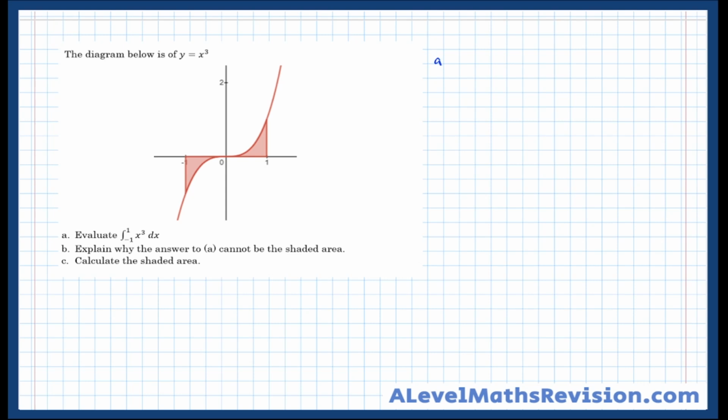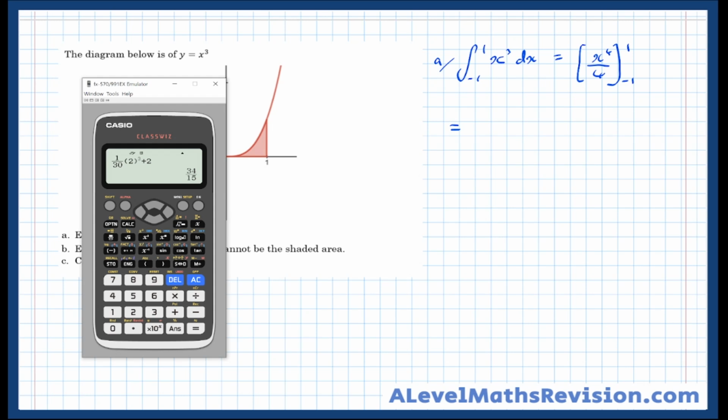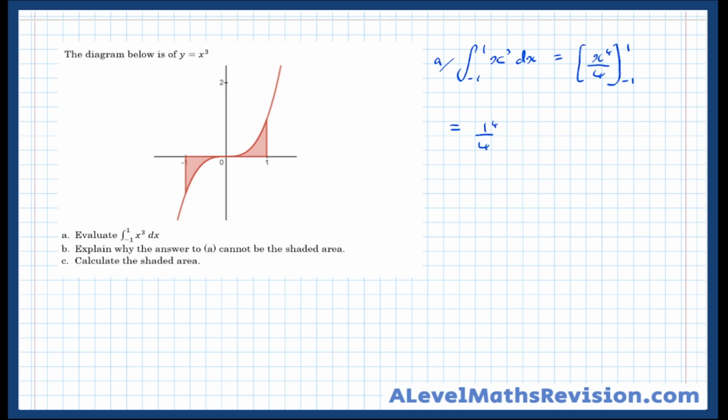So part A, the integral between 1 and -1 of x cubed dx equals x to the power of 4 over 4 between 1 and -1 equals, so we've got 1 to the 4 over 4, take -1 to the 4 over 4, and we don't need a calculator for that.